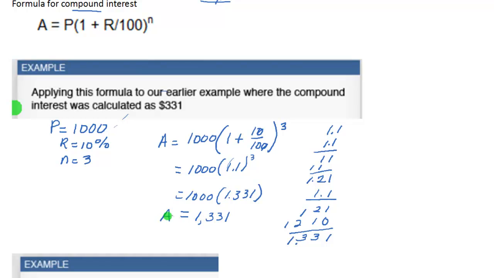That's your amount in the bank. Remember, our original principal was $1,000. So if you want to know what your interest was, subtract those two, and there is our $331. Okay? All right.